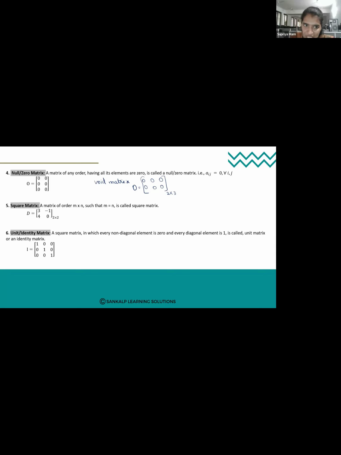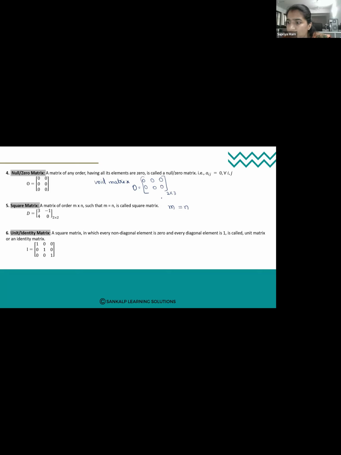Next is square matrix. A square matrix is a matrix in which number of rows is equal to number of columns. If the number of rows and number of columns are equal, we call the matrix a square matrix. If they are unequal, it is treated as a rectangular matrix. Yes, 2 by 3, Ramappa.